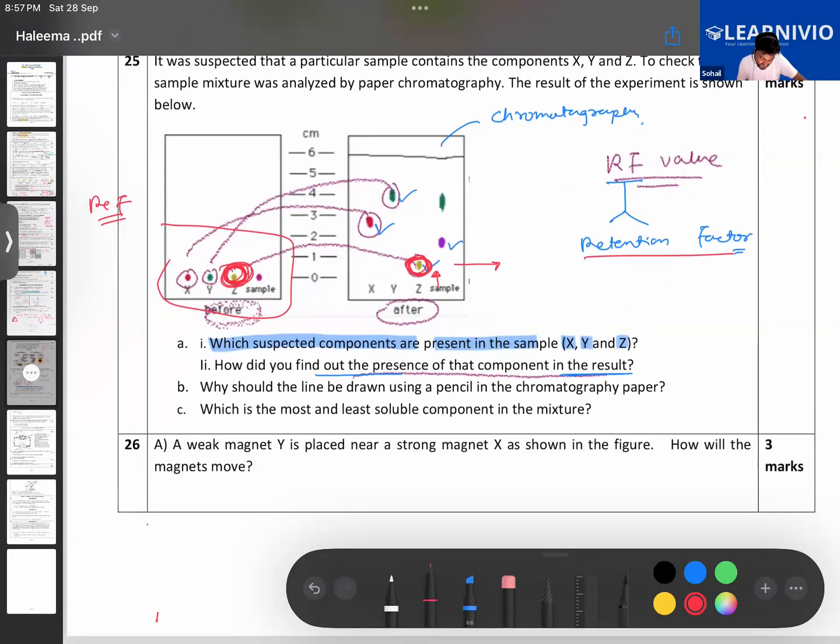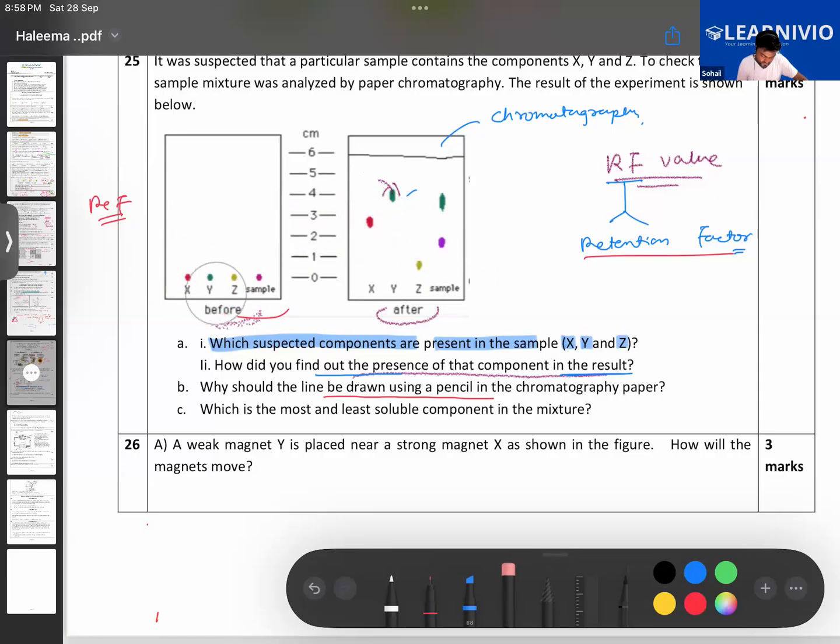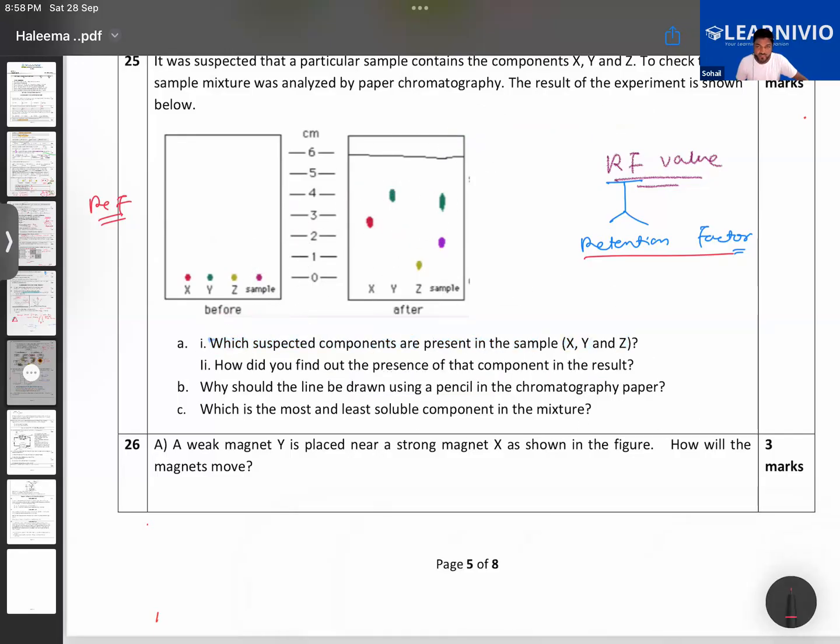The next question is asking why the line should be drawn using a pencil on the chromatography paper. That's a good question. Basically, the pencil mark does not dissolve in the water or in the solvent.